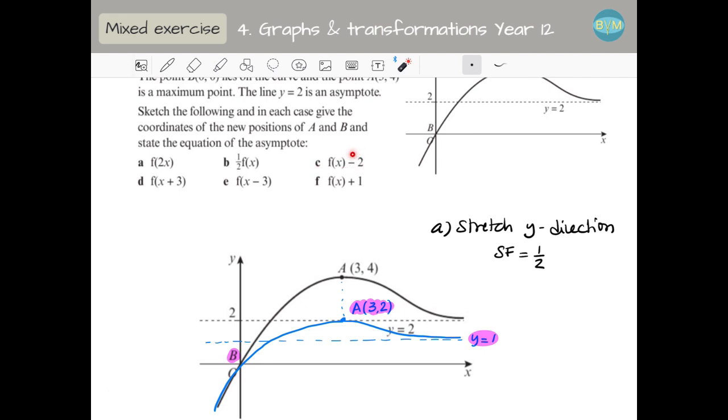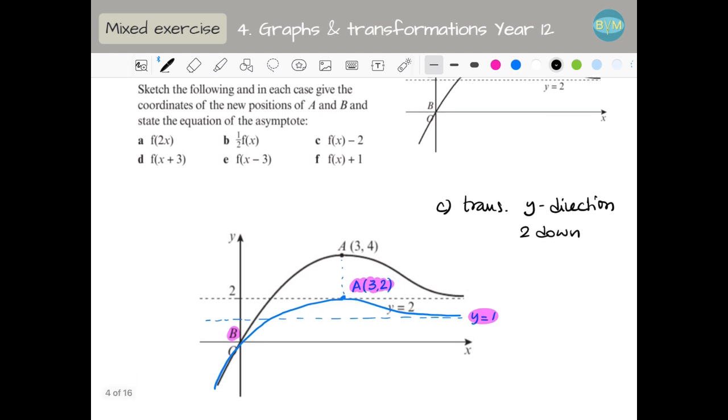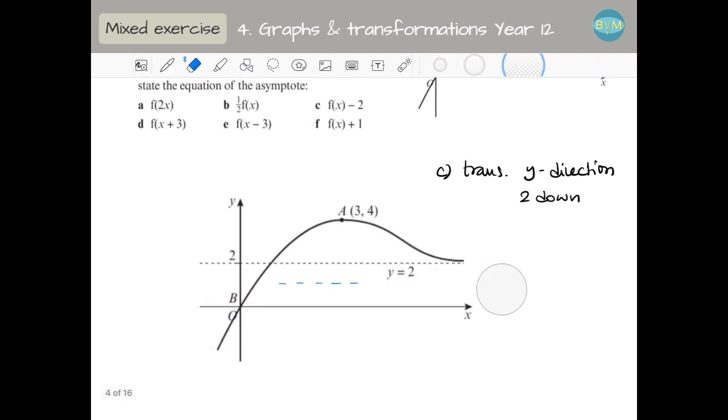Then next one, C. I'm translating everything down by 2. So it's a translation in the y direction, 2 down. So the asymptote goes down by 2. This is the new asymptote.